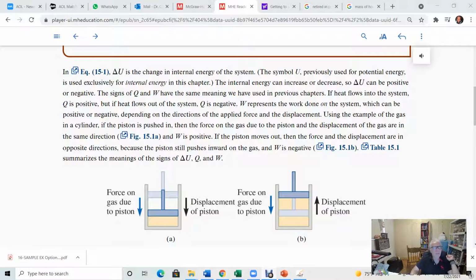There is a very simple way of recognizing whether a gas in a system like this one, with a cylinder and a piston, is doing positive work or negative work. Think about it: the system is the gas. When you're talking about work done on a system, what does it mean? It means the work done by what is outside the system, the work done by the environment. Do you see how it works?